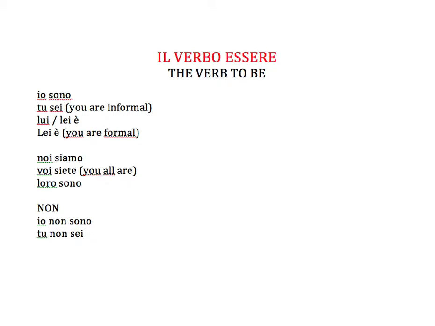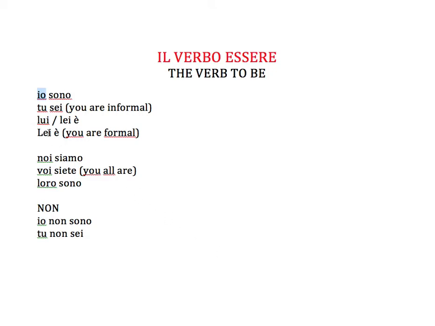Now I want to just tell you something about the pronouns io, tu, lui, lei, etc. First of all, you see that in Italian we don't use capital letters for pronouns, not even for io, that is the equivalent of English I. You know that in English you always write I with a capital I. In Italian we don't use capital letters for pronouns.